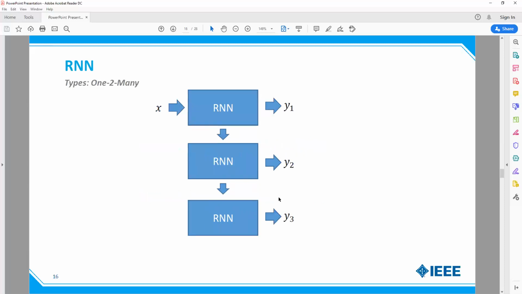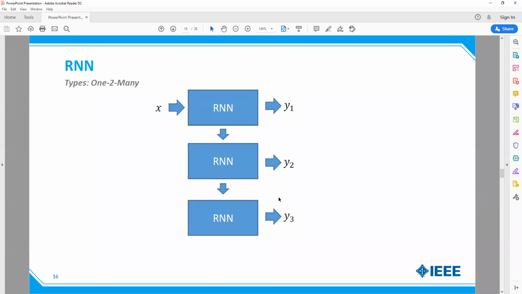One thing regarding RNNs is that there are different types of RNNs that we can work with. One of them is a one-to-many RNN, where we have a single input and it's generating multiple outputs. An example of the applicability of this type of RNN is commonly in terms of a decoder.